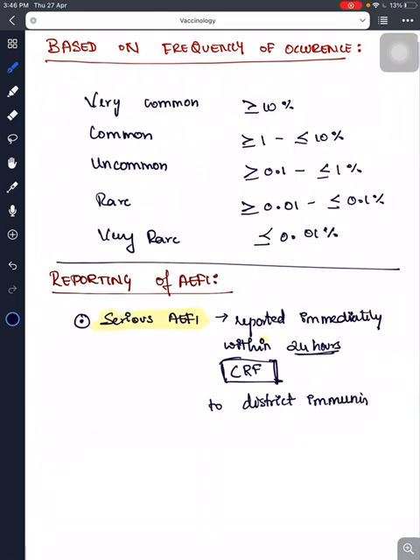The case reporting format should be reported immediately within 24 hours to the district immunization officer. From the district, it should be reported immediately again within 24 hours to the state and also to the national level.